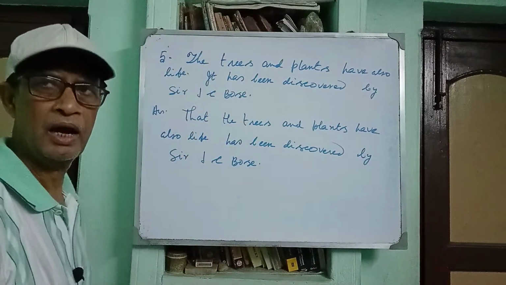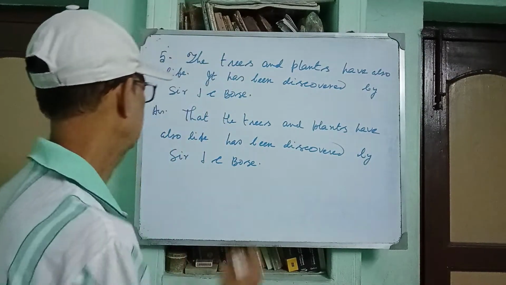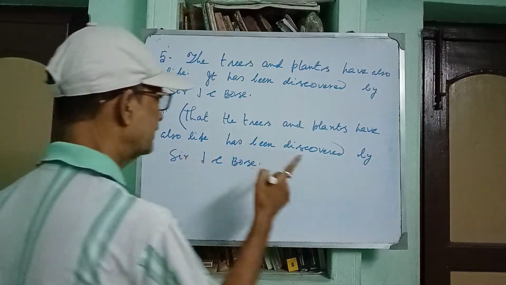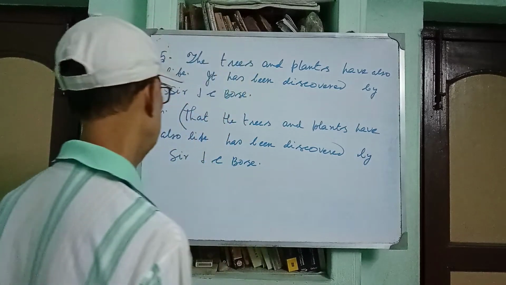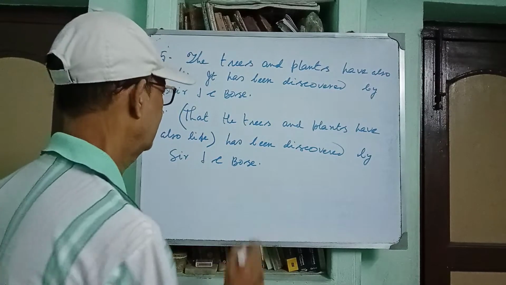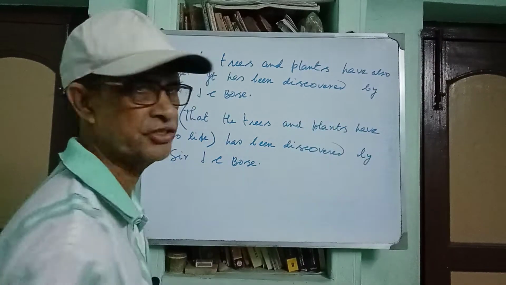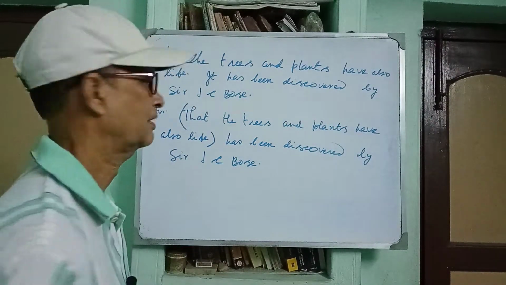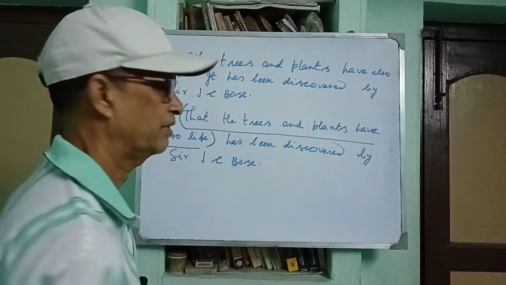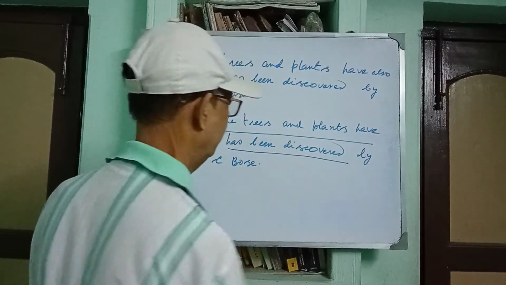Okay, and let us analyze the sentence for your understanding. Within the first bracket, that the trees and plants have also life. Then, has been discovered by scientists, and the total sentence is the principal clause. That the trees and plants have also life is acting as the subject to the verb has been discovered.